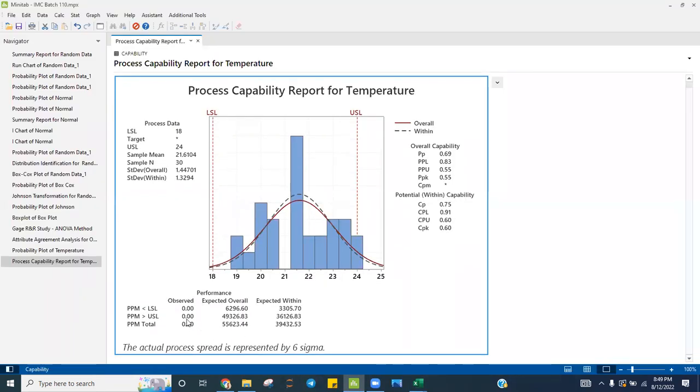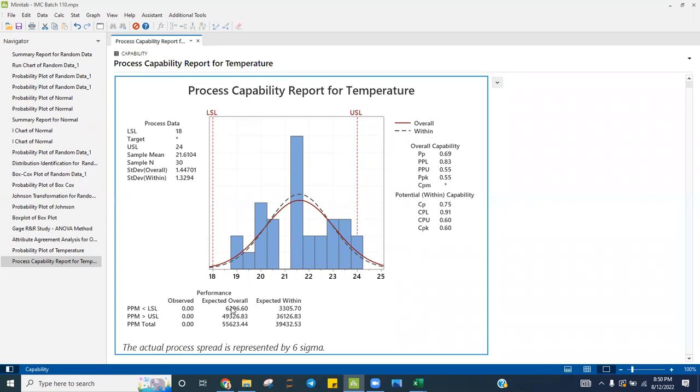And here the actual observed defect is 0, 0. No defect you have observed, but you are expecting overall defects of around 6296 on the lower side of specification and around 49326 on the upper side of specification. From where is this coming?